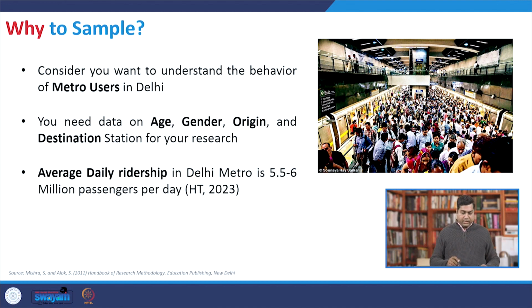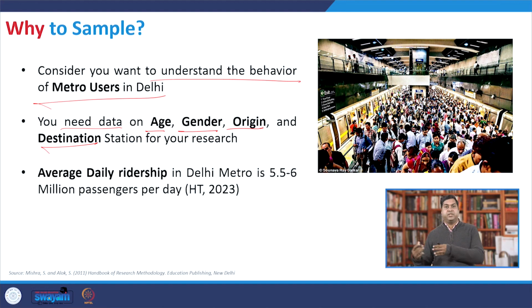Here is one example: suppose you want to understand the behavior of metro users in Delhi, like their perception towards the metro ride, the comfort and other aspects. In that case, suppose you also need data on age, gender, origin, destination, income level, and their perception and experience related to the service quality of the metro.